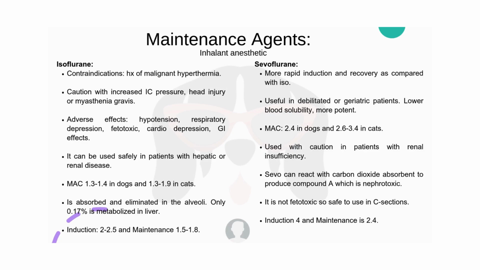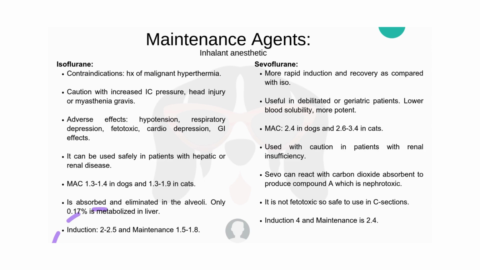Maintenance agents are going to be inhalant anesthetics such as isoflurane and sevoflurane. I'm not going to go over this because I explained it in my previous video, but I'm going to leave here all the information. The most important part is to calculate your MAC.